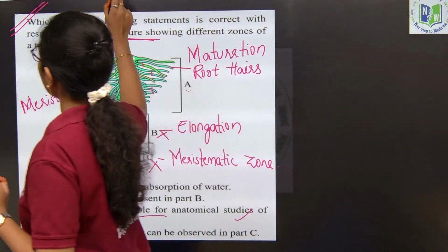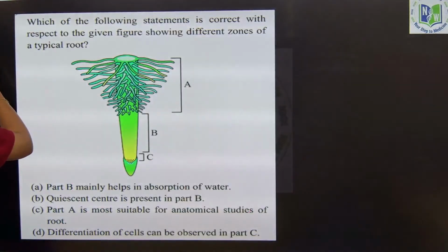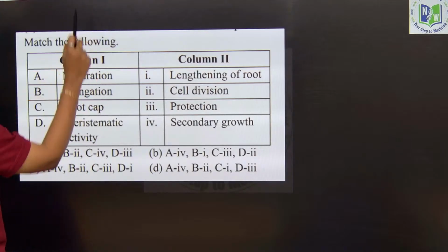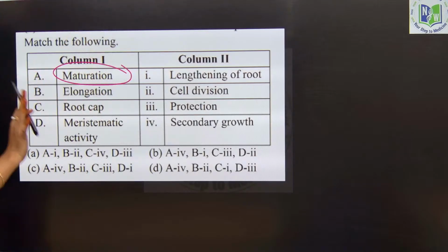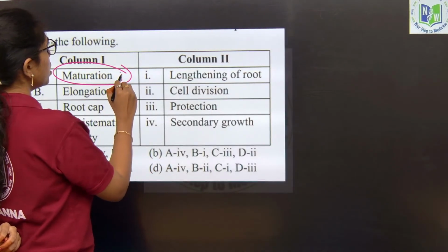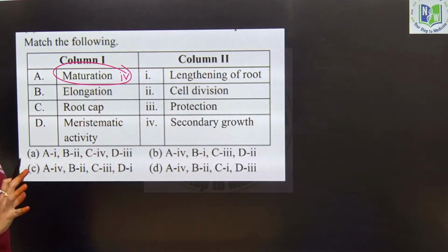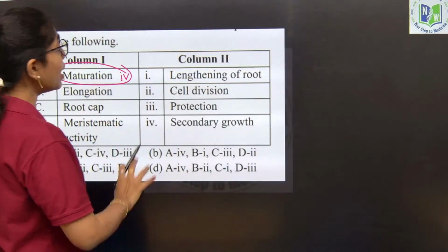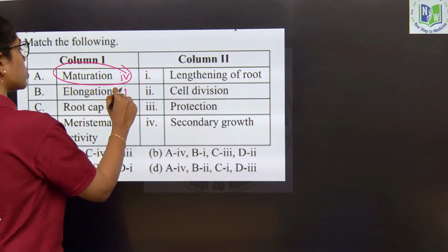Let's go to the second question, which is match the following type. Look here carefully, and this question is also from the regions of the root. Maturation region is mainly for what? Secondary growth, because cells over here are involved in differentiation. So A will be option 4. Region of elongation in the root is mainly helpful for lengthening of the root, which is option 1.